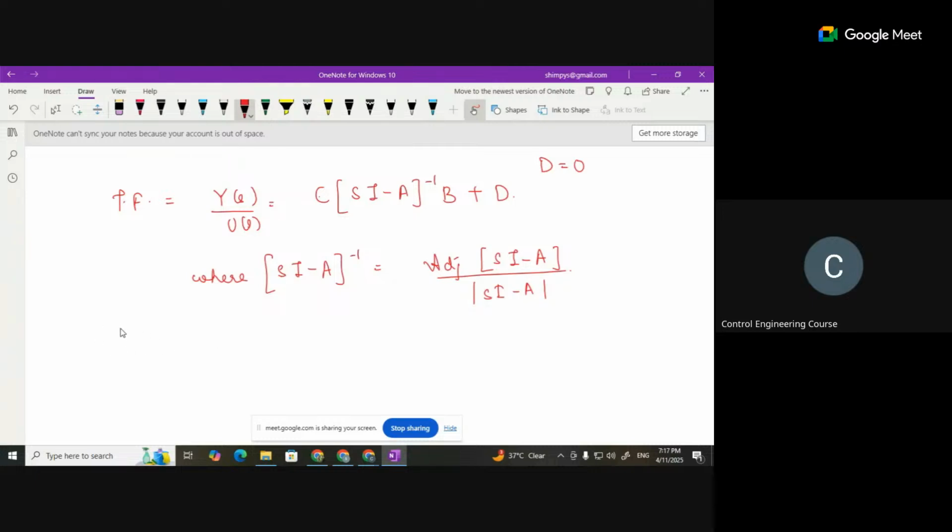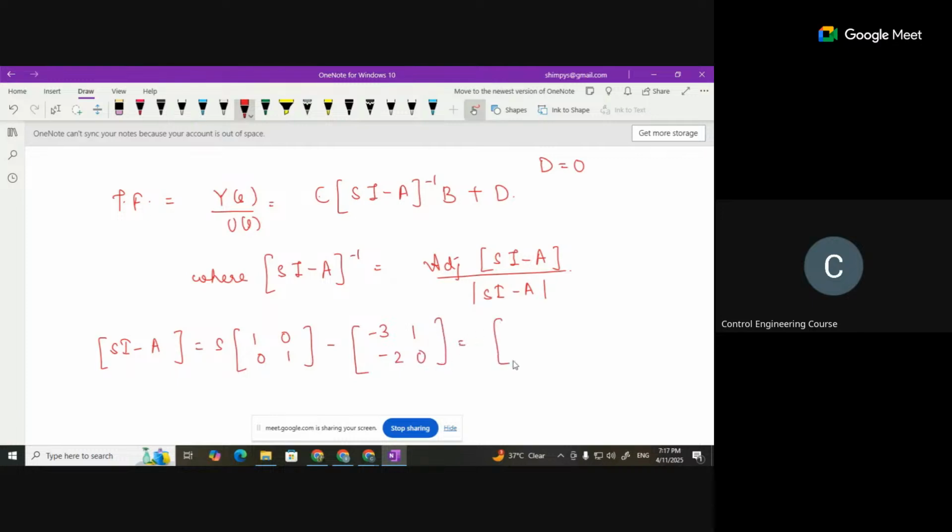So what is (sI - A) here? It is s plus 3, minus 1, 2, s. You have calculated that. sI minus A, where A is -3, 1, -2, 0.